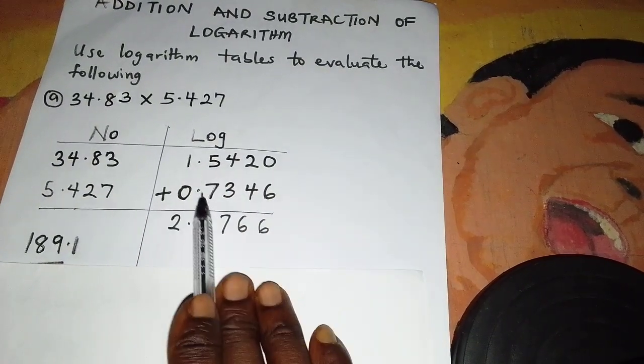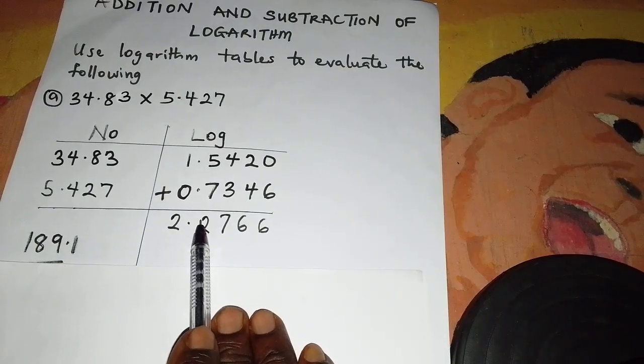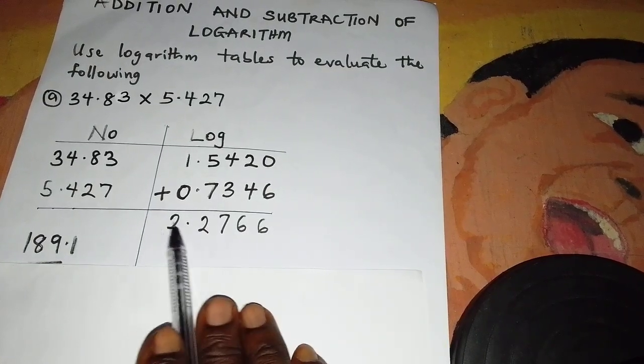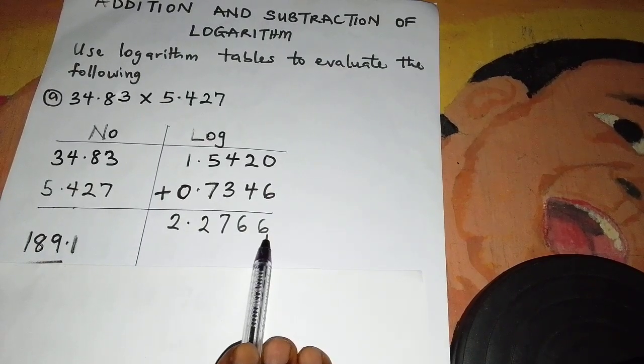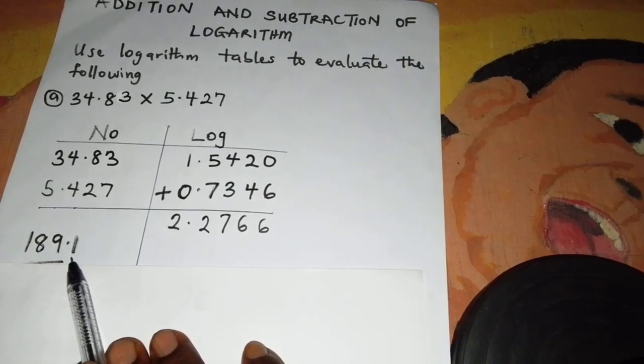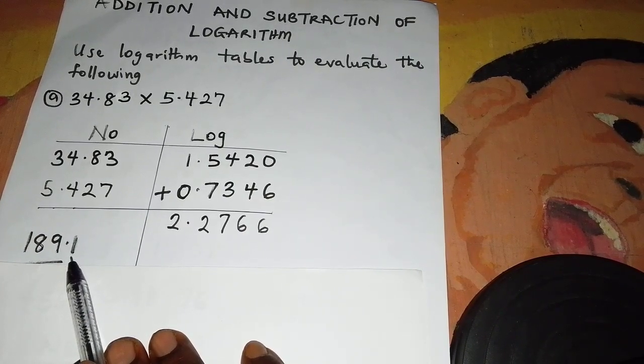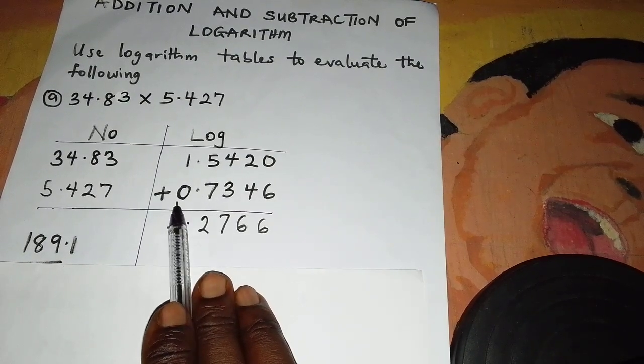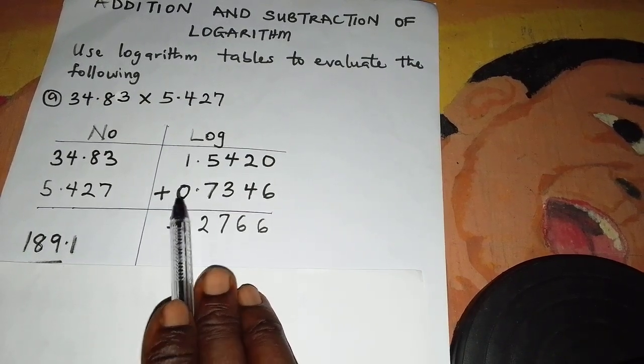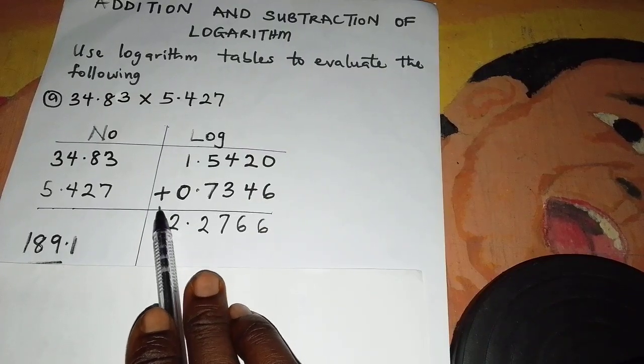So anytime you are given multiplication, after finding the logarithms, you add them, and after resolving it, you now look for the anti-log. Whenever you are asked to evaluate using multiplication, that means when you find the logarithm of the numbers, you must add them.